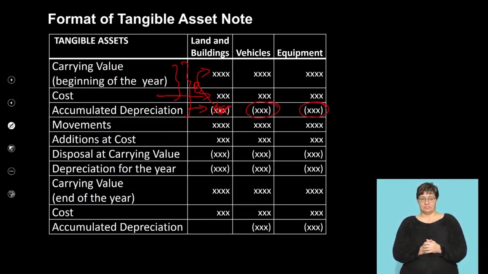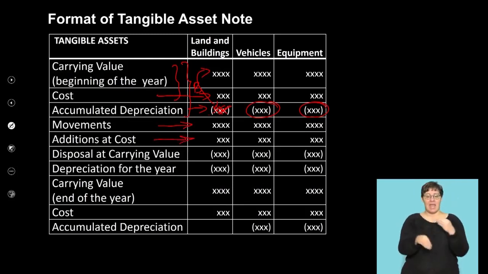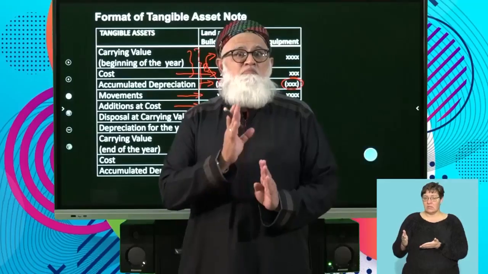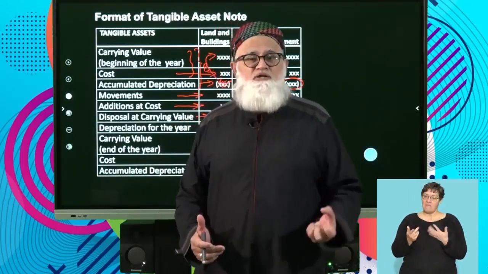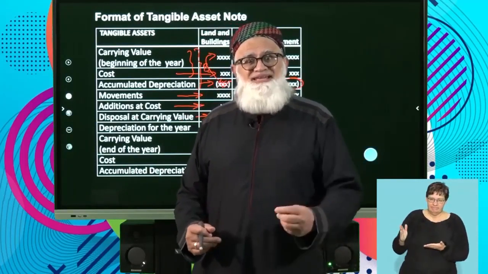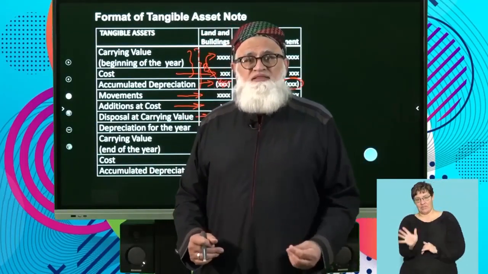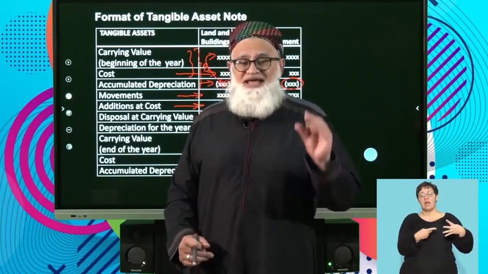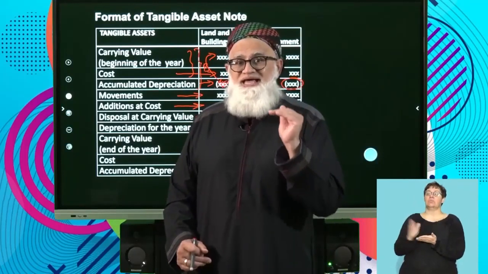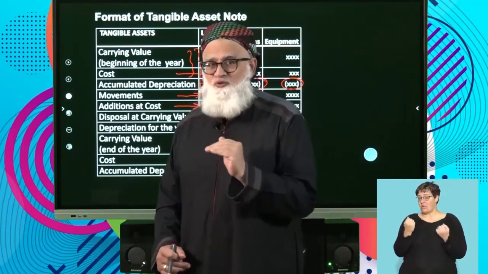Then you have movements during the year. In other words, what happened? Did we buy more? There's your additions at cost. Did I dispose of any during the year? The important part of the disposal, guys, in fact, in all our lessons, whenever we dealt with a question on asset disposal, we made it abundantly clear to you that you draw up your table, and in your table, you have an item that says disposals at carrying value.